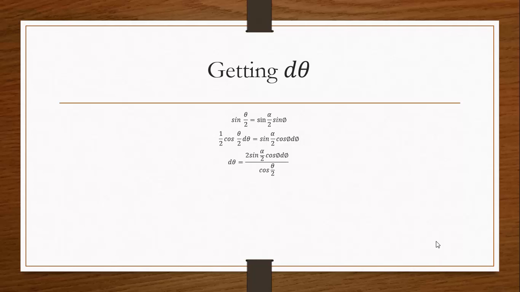So d theta now is equal to 2 sine alpha over 2 cosine phi d phi over cosine theta over 2. Knowing the identity cosine squared plus sine squared is equal to 1, we can transform the cosine quantities into functions of sine. Doing so, we get d theta equal to 2 sine alpha over 2 times the square root of 1 minus sine squared phi d phi over the square root of 1 minus sine squared theta over 2.